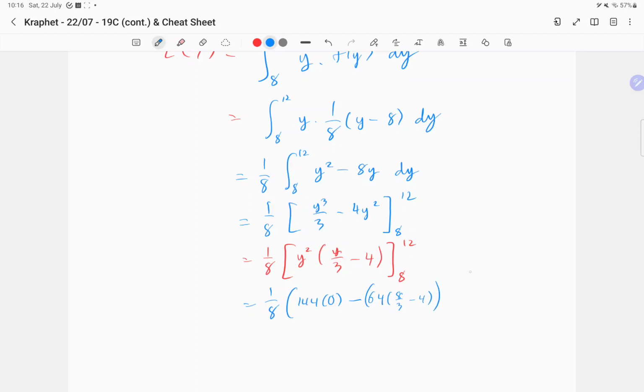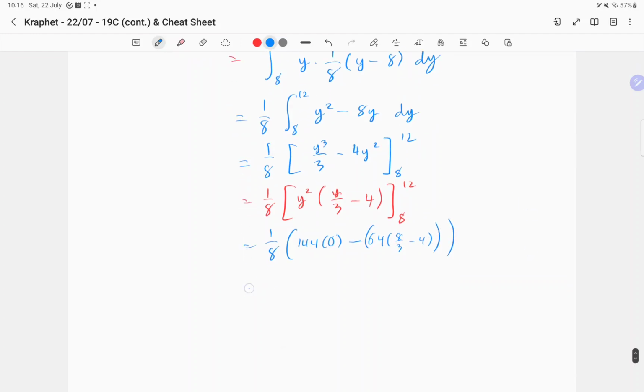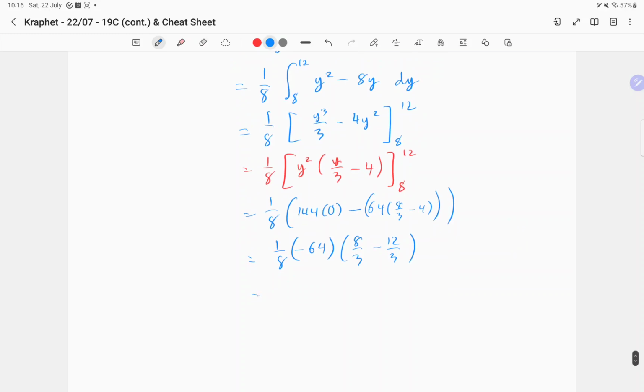That'll be a positive number. So that would be 1 over 8, times negative 64, times 8 over 3 minus 4, which is 8 over 3 minus 12 over 3. Negative 64 over 8 is negative 8, times negative 4 over 3.